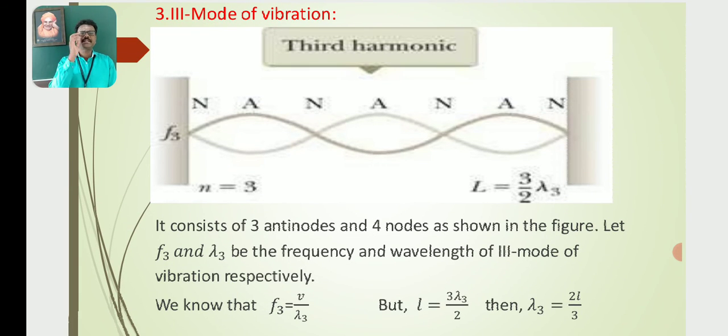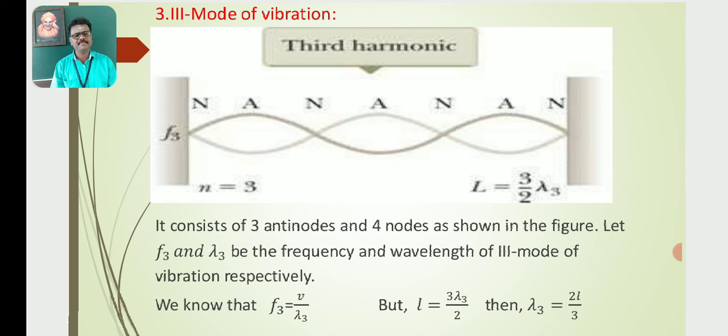Then let us discuss the third mode of vibration in case of fixed rods. The third mode of vibration consists of 3 segments or 3 loops, it consists of 3 antinodes and 4 nodes as shown in the diagram. The length of each segment or loop must be equal to half of the wavelength.